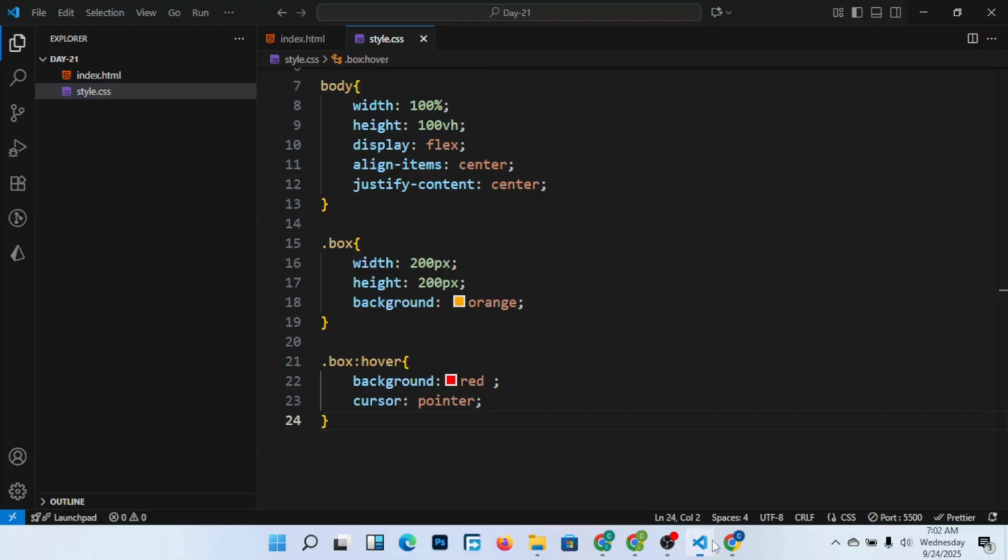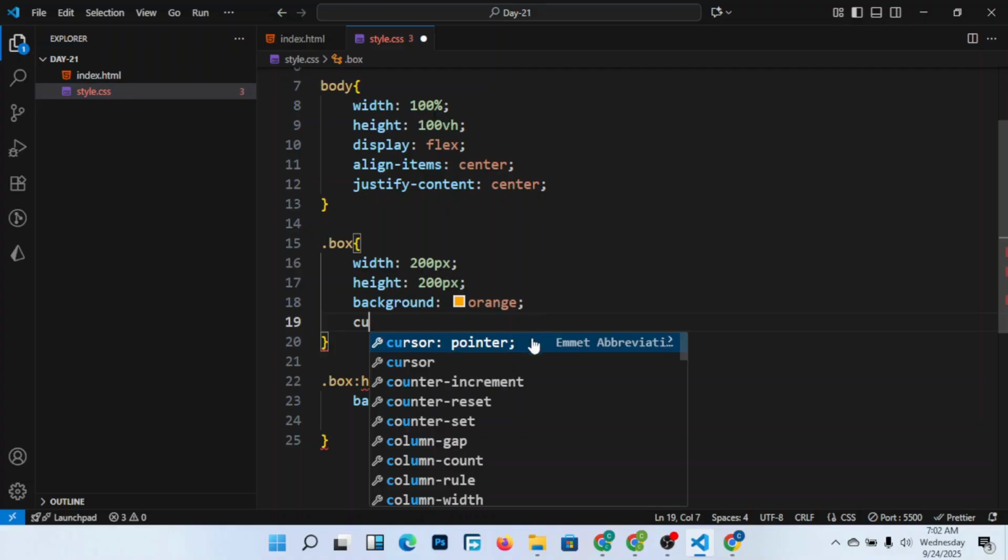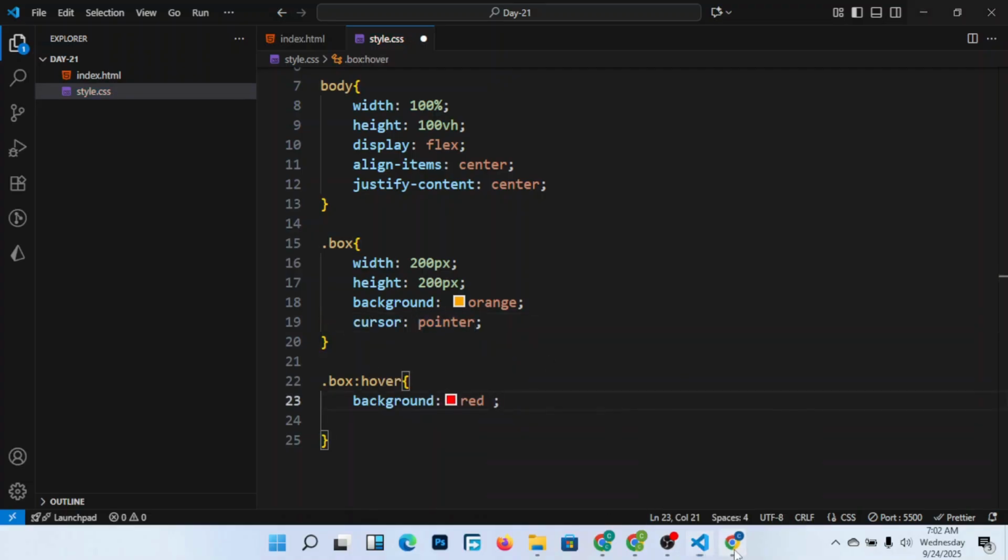But cursor pointer is better when I just bring it on the box itself. Cursor pointer. So when I hover like this, it becomes red.